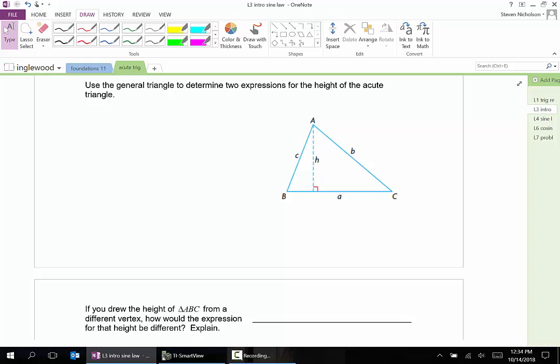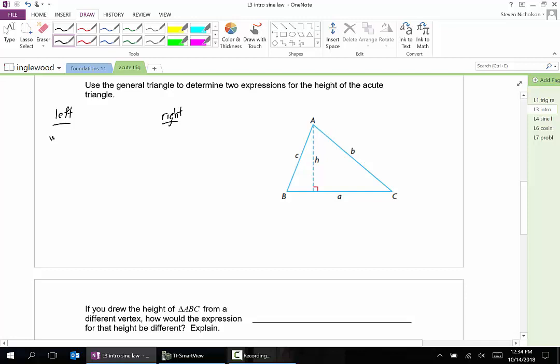So let's do the exact same thing we did above, except there are no numbers here. There are just our letters: big A, big B, little b, big C, little c, and that altitude, the dropped vertical. So let's look at this in terms of the left-hand side and in terms of the right-hand side, and let's see if we can write an expression for H.